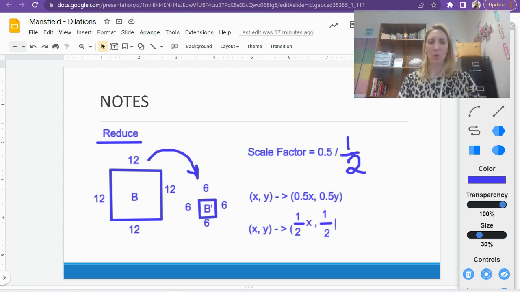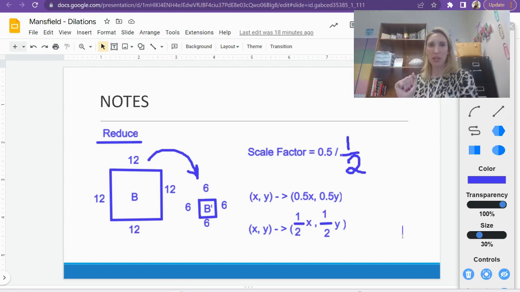My y, little y. You see what I mean? Those two options are exactly the same thing. One is using a decimal, the other one is using a fraction, but both of them mean half. So that's it. That's dilation, that's reducing using a dilation.